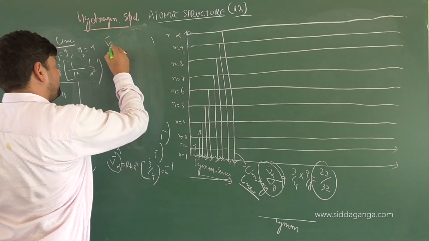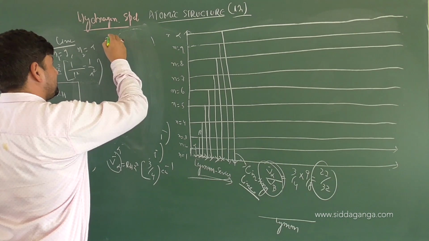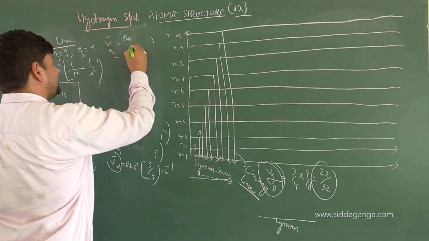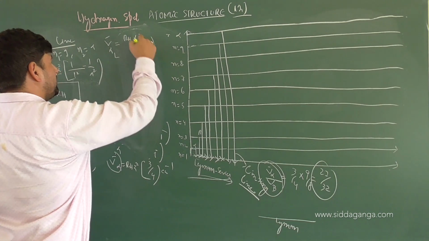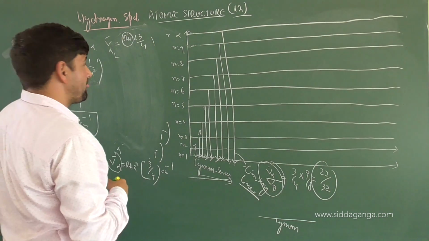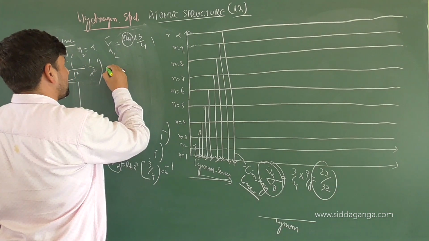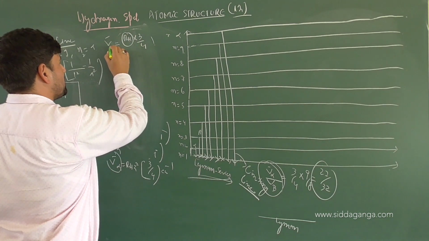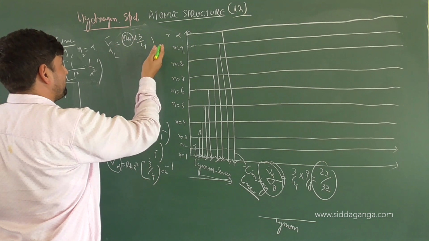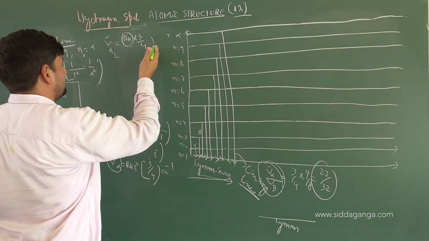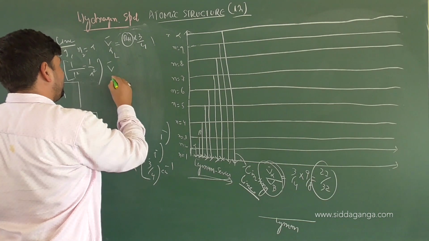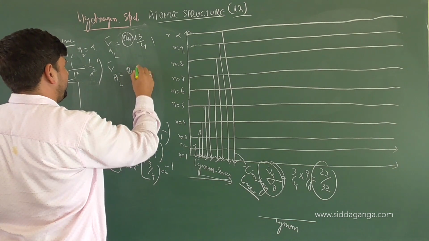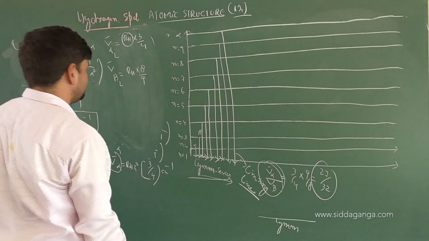So wave number of alpha line of Lyman series equals RH into 3/4, so 3/4 of RH. Wave number of beta line is RH into 8 by 9.